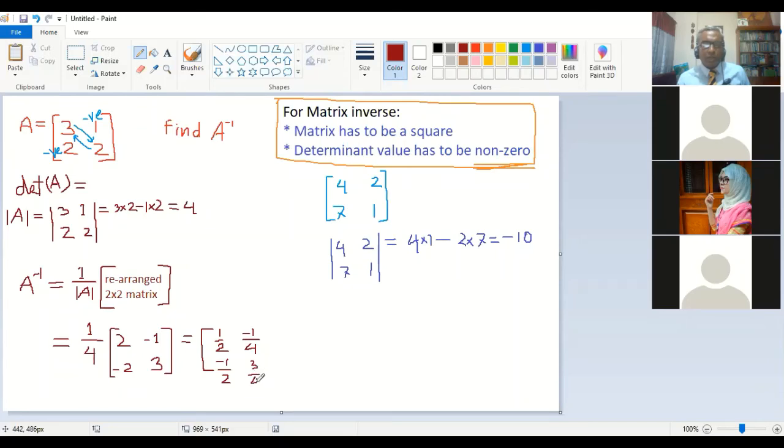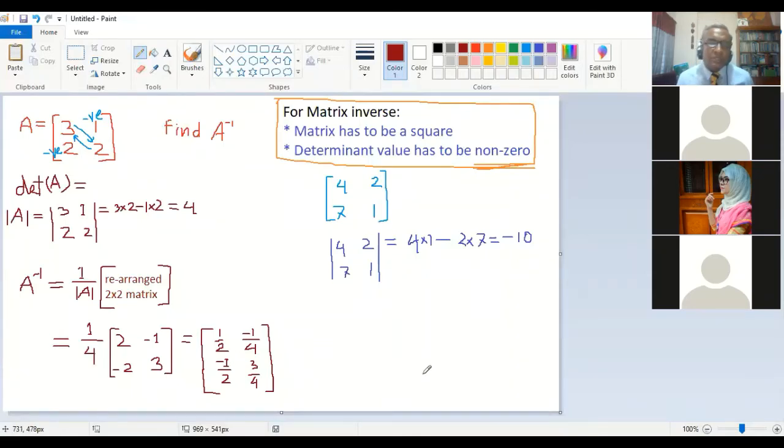So you can write the result matrix like this. That is also possible and no problem. If you keep 1 by 4 outside, that is also all right. If you multiply all the numbers by 1 by 4, that is also all right. So this will be the A inverse.